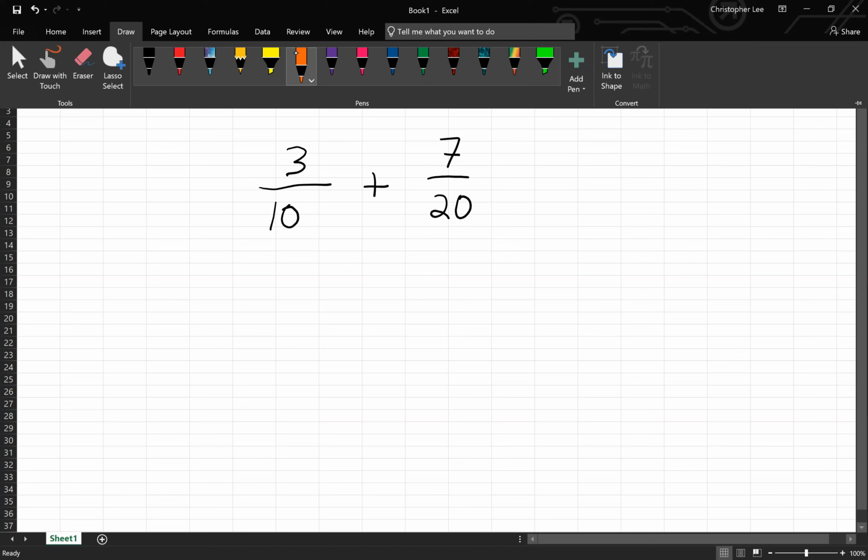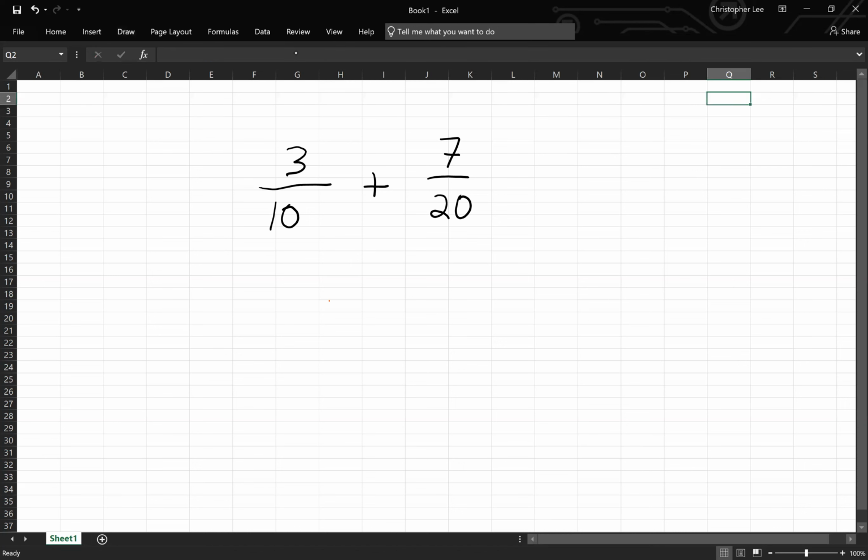Another way that we could do this is we can find a common denominator instead of finding the least common denominator. So to find a common denominator, you just multiply what's there on each side. So for example, I'm gonna multiply this 10 by 20.